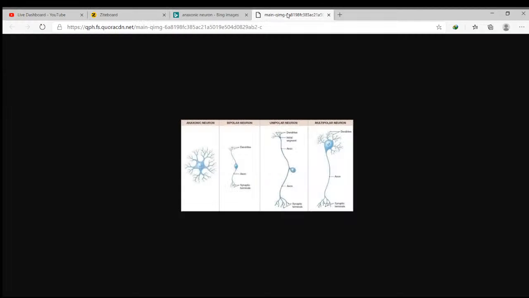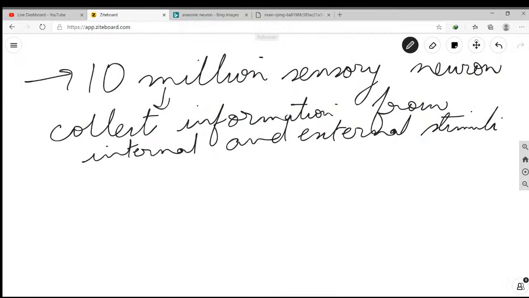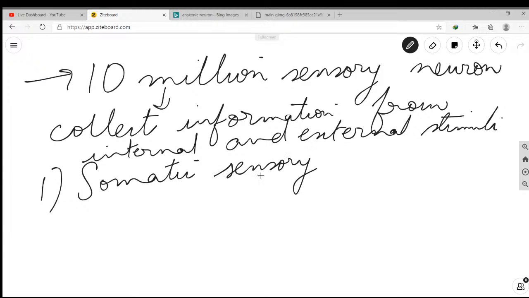The main difference is that there are two types of sensory neurons. One is somatic sensory neurons, which monitor the outside world, and number two is visceral sensory neurons. Always remember, if you learn things conceptually, it's very easy. Somatic sensory means hand, leg, and all the outside world.